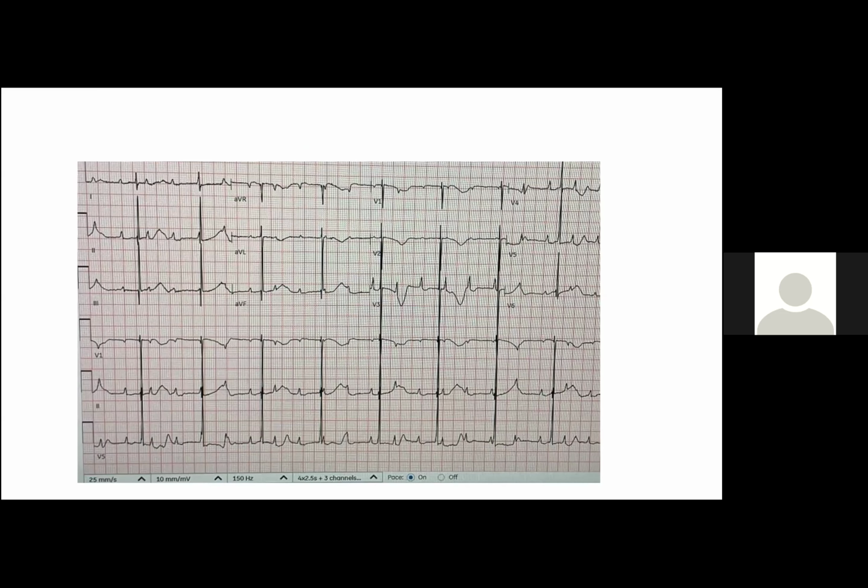And this is the ECG. You can notice that it is significant brady, narrow QRS morphology, fixed RR interval, P waves more than the QRS. Also you can notice that the P wave is marching through.